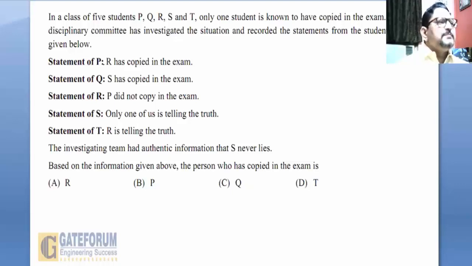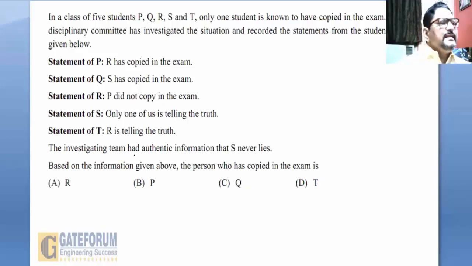Statement of P means person P said R has copied in the exam. Q says S has copied in the exam. R says no, P did not copy in the exam. S says only one of us is telling the truth. T says R is telling the truth.